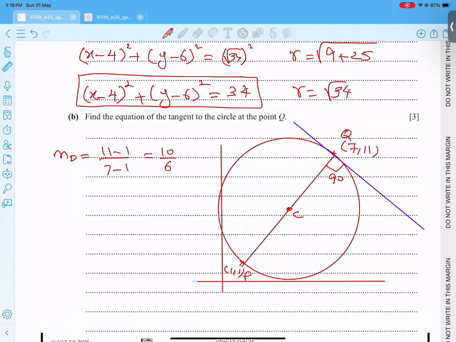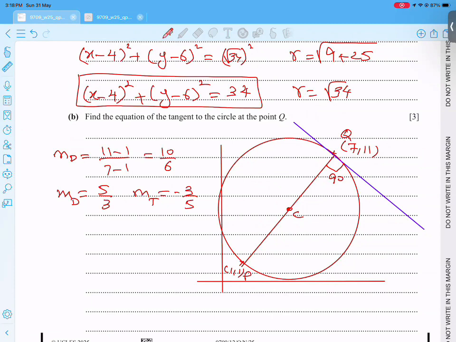So the gradient is 5 over 3. But it's the gradient of the diameter. What is the gradient of the tangent? Negative reciprocal. 3 will go up, 5 will go down, and plus becomes minus. So the tangent gradient is negative 3 over 5.